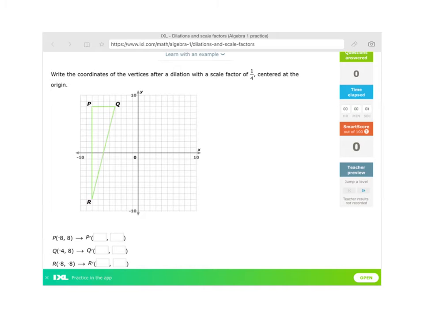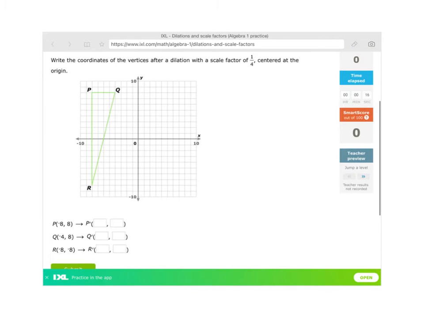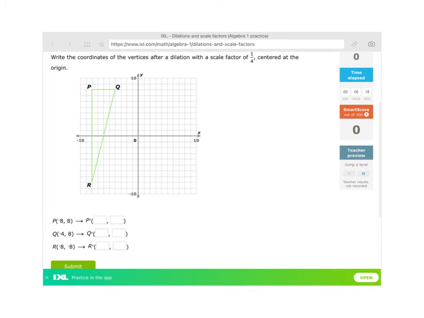Okay, so we've got this. Write the coordinates of the vertices after a dilation with a scale factor of 1/4, centered at the origin. So one easy way to do this question is to take all the points and multiply it by the scale factor, which is 1/4 in this case.